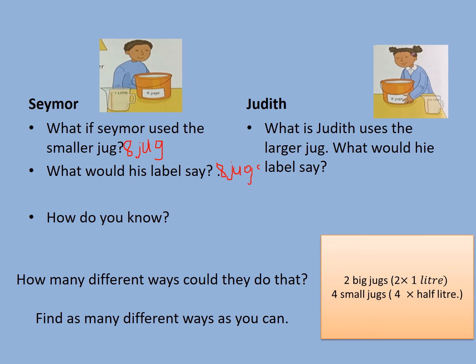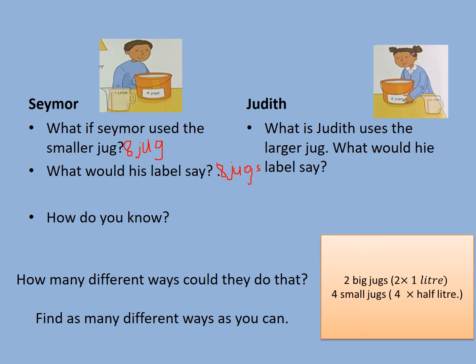So, how did you know? Can you give your reason why you think his level will be 8 and why he needs to carry 8 jugs of water? Okay, so think about it and then we are going to discuss that.